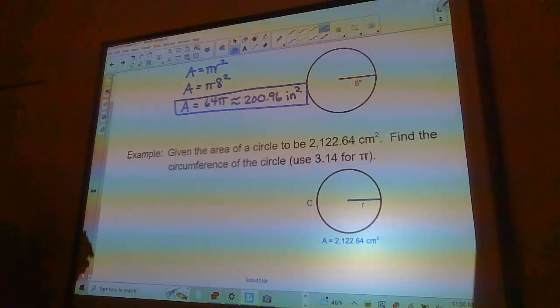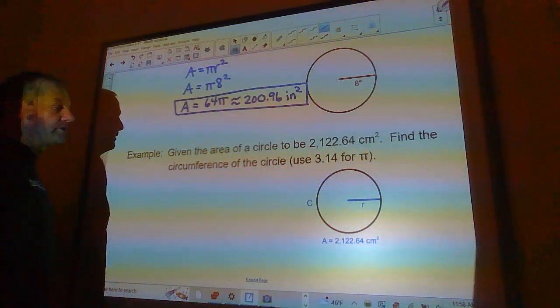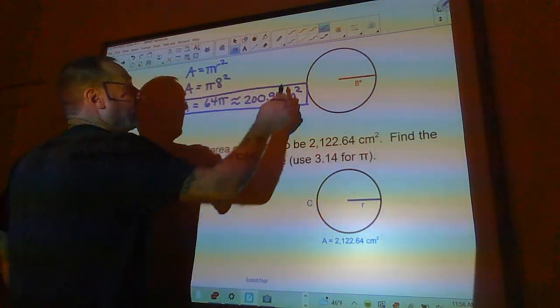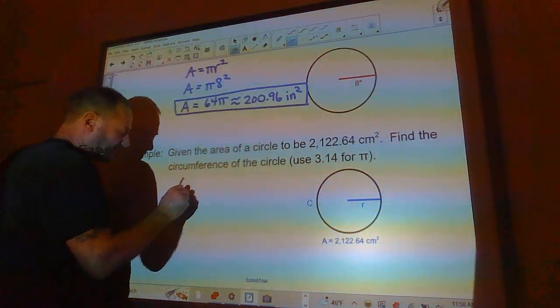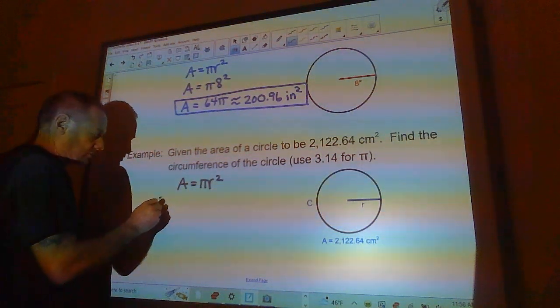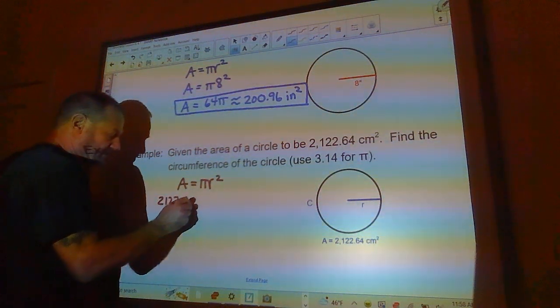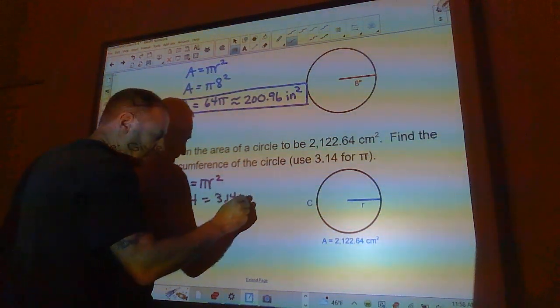Next, given the area of the circle is 2,122.64 square centimeters, find the circumference of the circle. Use 3.14 for pi. Okay, so we're going to write down the formula again. Area equals pi r squared, except this time we know the area is 2,122.64. It said use 3.14 for pi.